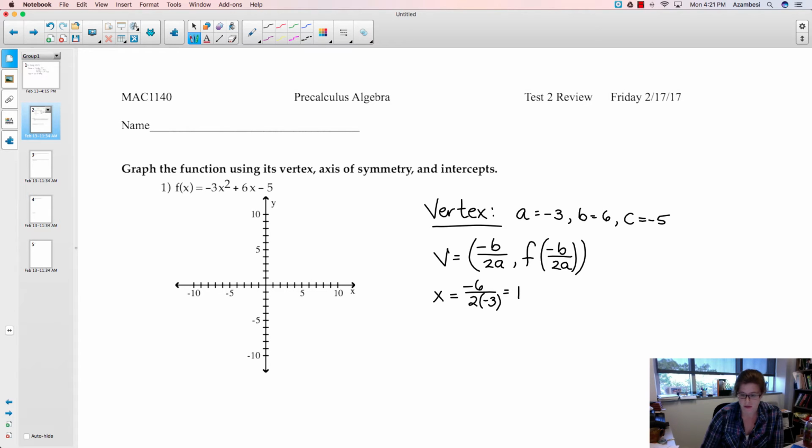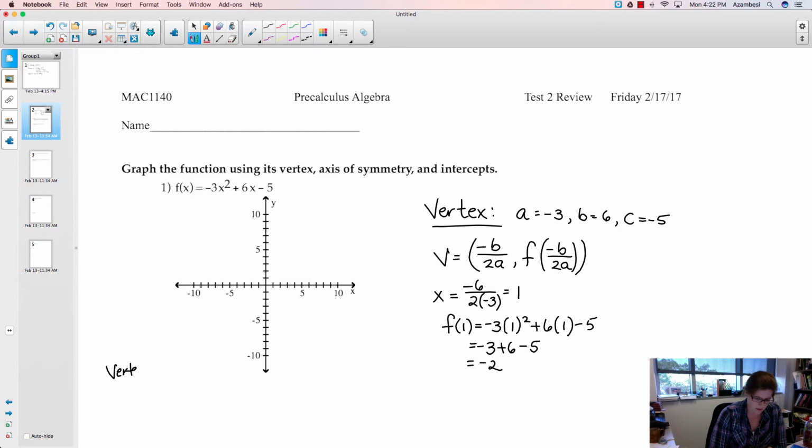And then to find the other side of it, we do f of 1, negative 3 times 1 squared plus 6 times 1 minus 5. And so I get negative 3 plus 6 minus 5, or negative 2. So using this method, I end up with a vertex at the point 1, negative 2.